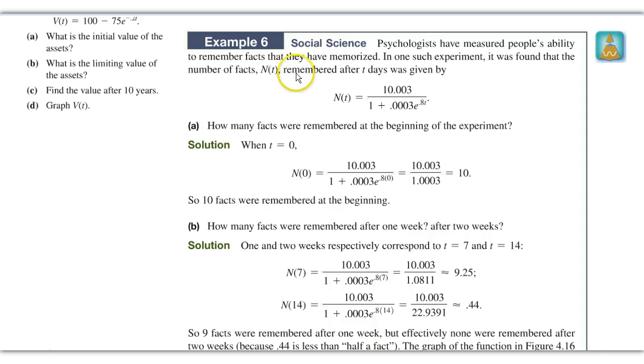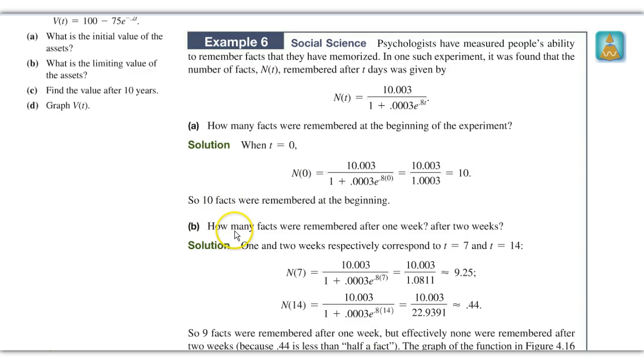So they did some experiments about how many facts were remembered at the beginning of the experiment. Well, they found that when t, or time, was 0, you remembered 10 facts.